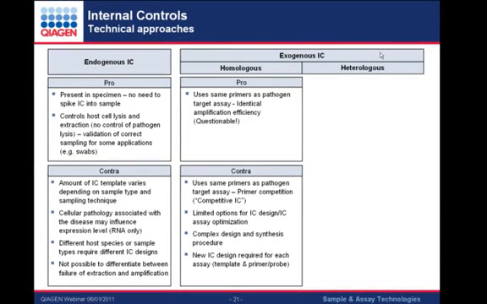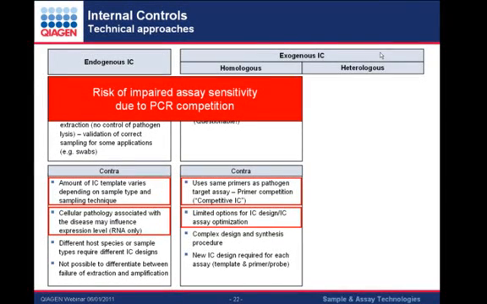Additionally, IC template design and synthesis are quite complex and cannot be done by every lab. Due to the fixed primer binding sites, the options for a sophisticated internal control assay design and setup are also very limited. Moreover, for each new pathogen target, a new IC template and IC assay needs to be designed.